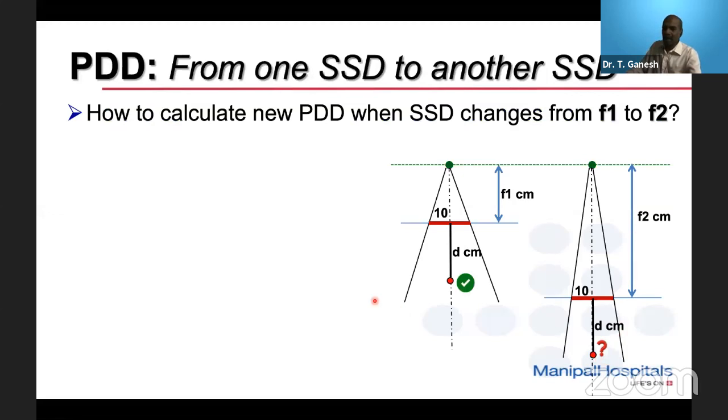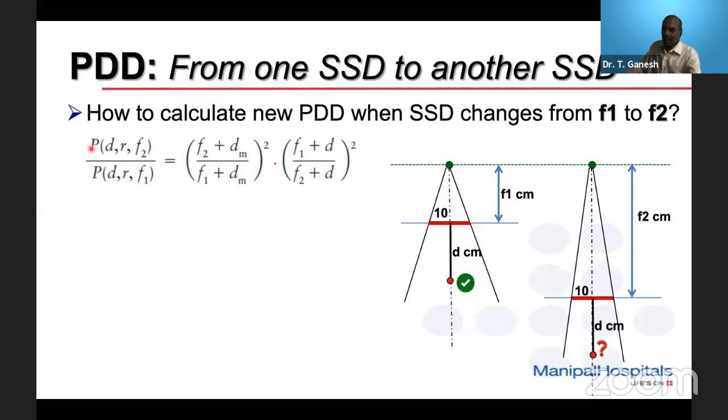How to calculate? If we just write down the equation, I'm not going into the details of how we can obtain it, but it is just simple mathematics: the PDD at SSD F2 divided by the PDD at SSD F1, the ratio of these two PDDs, is simply the inverse square law factor stated here.